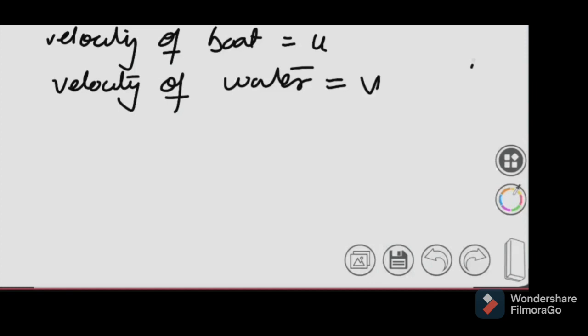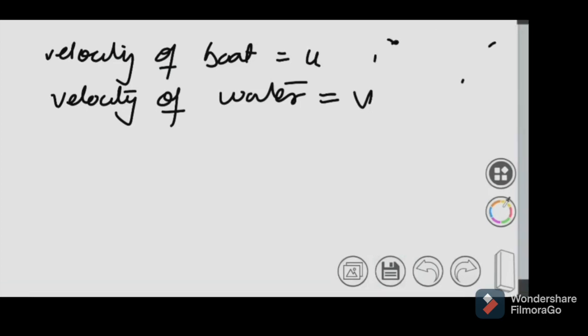Now, what is given in the question? It is the same 2 points. So he is going between A to B. So suppose he is going downstream. Let the distance covered be x in each case.